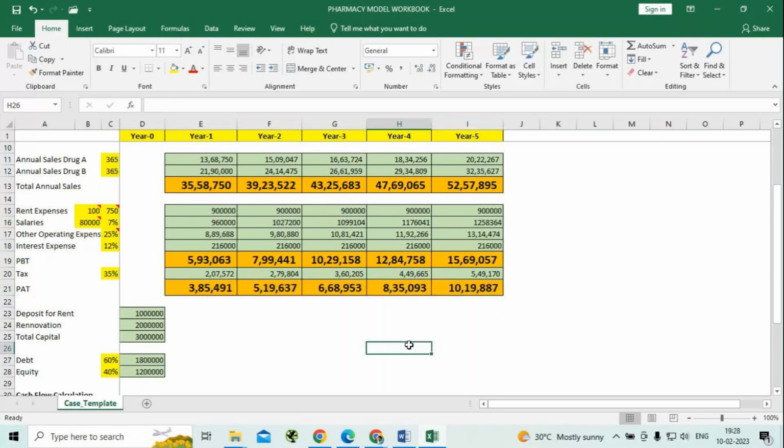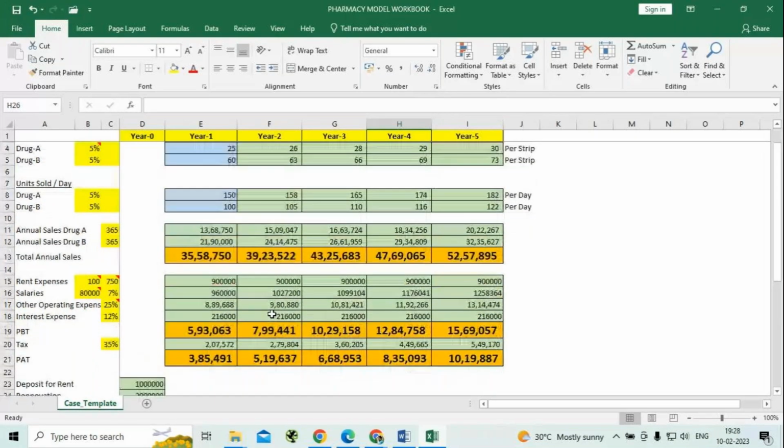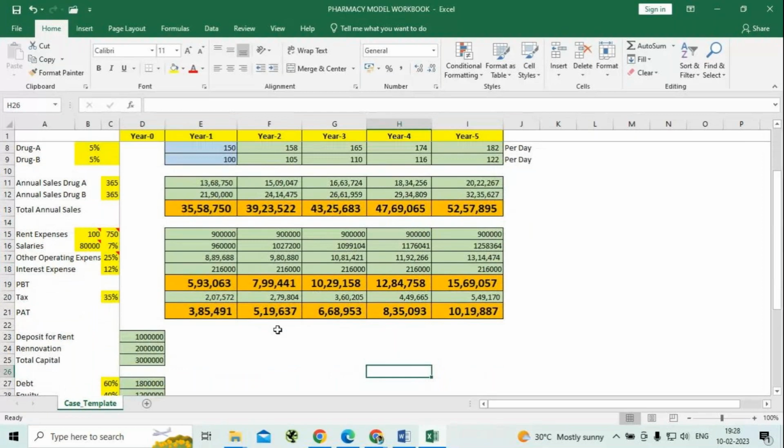So we have prepared the income statement in this way. We should be able to read each and every point so that we can understand easily and implement the calculation on the certain components.